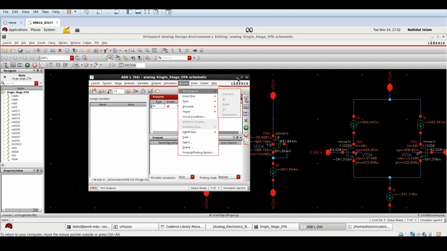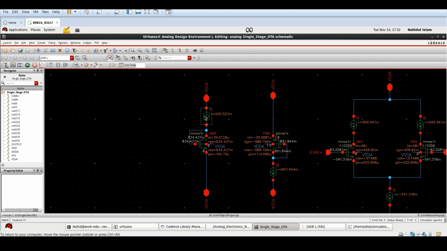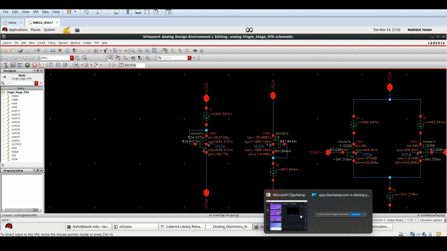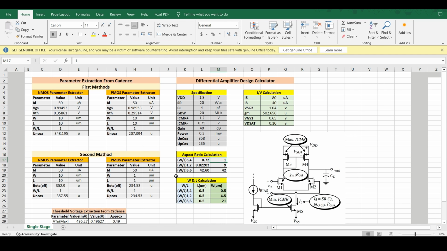To extract the mu n Cox and mu p Cox parameters, there will be several methods. The first method is that I have to know the VGS, the gate to source voltage, and the threshold voltage.